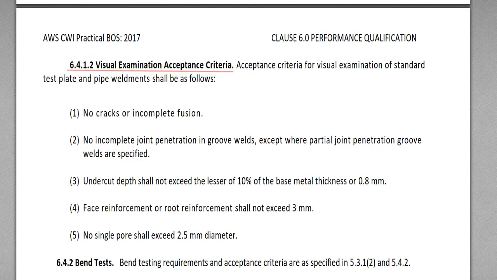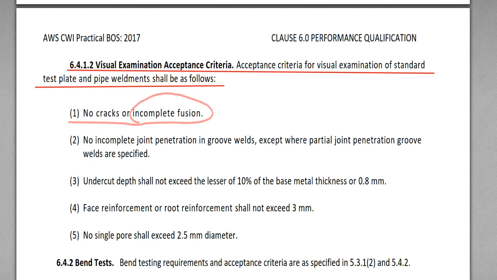6.4.1.2 Visual examination acceptance criteria. Acceptance criteria for visual examination of standard test plate and pipe weldment shall be as follows. Number 1 is no cracks or incomplete fusion. We know what is incomplete fusion because we covered chapter 3.